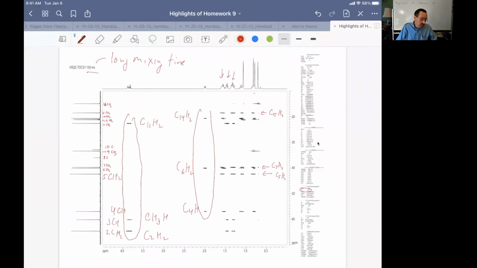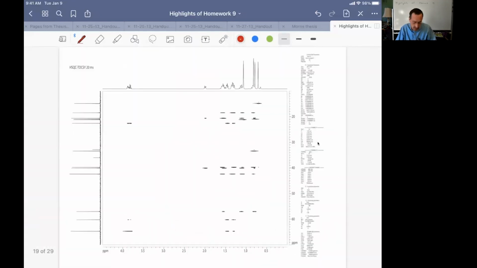And what I think really shines with the HSQC-TOCSY is you can use different lengths of mixing time to sort of walk your way through almost like a COSY. So I'll show you the 20 millisecond mixing time, and you can see that we've gone from C2H2 and C11H2 is just starting to come up.